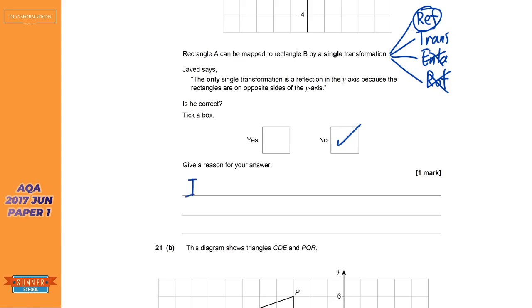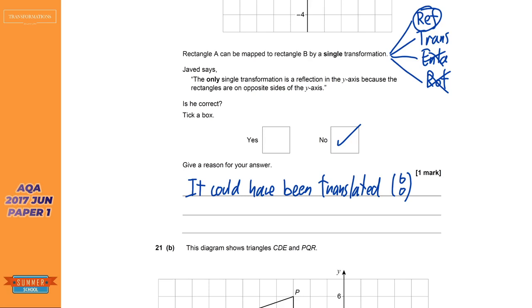So it could have been translated. And why not actually show the correct translation? So like 6 to the right and 0 up. So we show it like that.